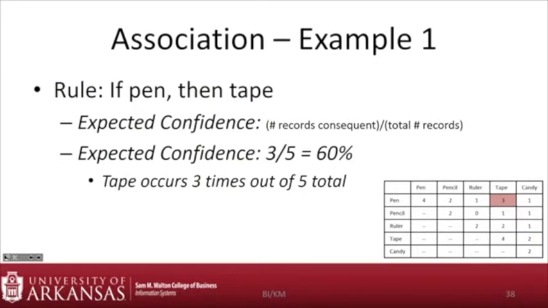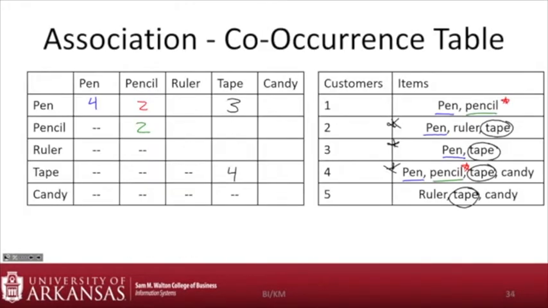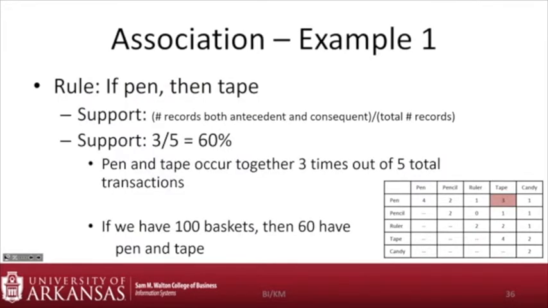So the consequence has to happen in conjunction with the antecedent, so it has to be the 3 out of the total number. And the 5 is just the number of items there? The 5 goes from, we have 5 customers. Oh, okay. Because it's the total number of records. So we have 5 customers.